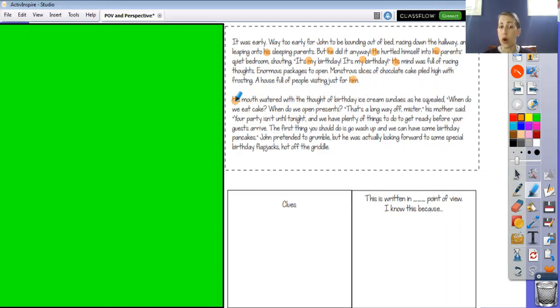His mouth watered with the thought of birthday ice cream sundaes as he squealed, "When do we eat cake? When do we open presents?" "That's a long way off, mister," his mother said. "Your party isn't until tonight, and we have plenty of things to do to get ready before your guests arrive. The first thing you should do is go wash up, and we can have some birthday pancakes." John pretended to grumble, but he was actually looking forward to some special birthday flapjacks hot off the griddle.